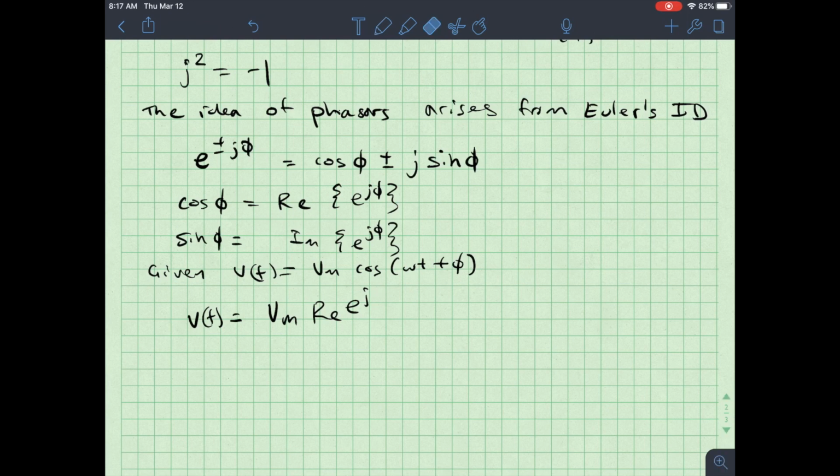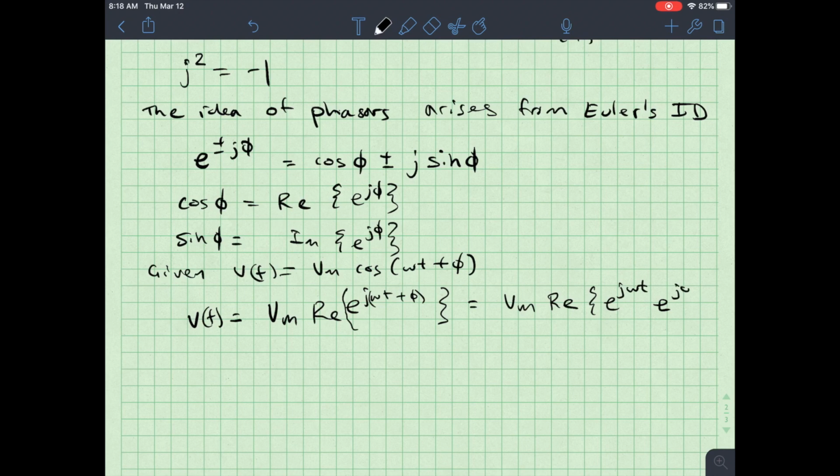So cosine of omega t plus phi is j omega t plus phi, in parentheses, and it's the real part of that. So this is actually equal to Vm times the real part of e to the j omega t times e to the j phi.